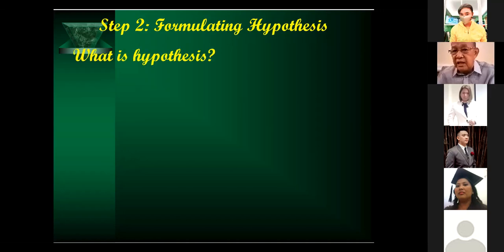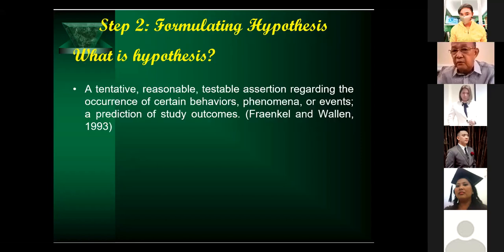But my friends, I would like to tell you that a better way of defining a hypothesis is it is a tentative, reasonable, testable assertion regarding the occurrence of certain behaviors, phenomena, or events. Or sometimes we say it is a statement of predicted outcomes. This is according to Fraenkel and Wallen. All right? A statement of prediction in the study.